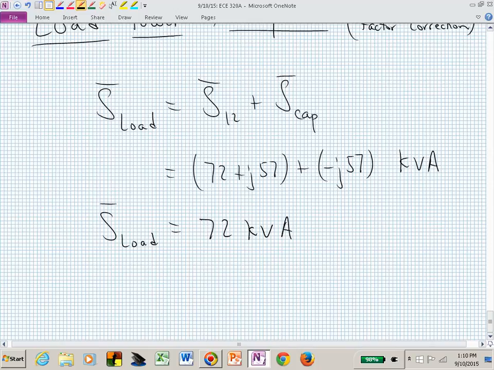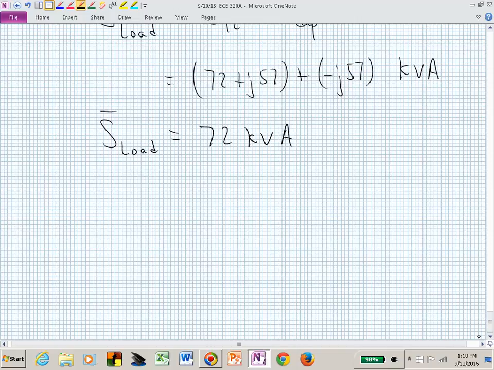One way that we could compare that is by examining what's the current now that the source needs to be supplying in order to make all of this work, in order to have all 3 of those loads satisfied.